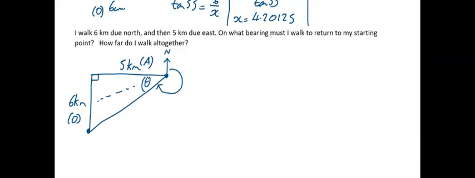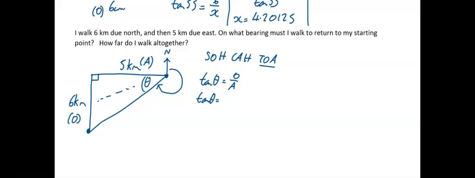So we're just going to write down SOHCAHTOA, and we have got the opposite and the adjacent, so we're going to be using tan here. So I'm going to say tan of theta is equal to O over A, and then fill in.